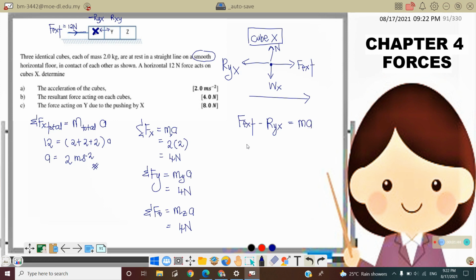F external is 12 Newton, the reaction force Y acting on X we don't know, and it equals 2 times 2, so it equals 4. Therefore, the force acting on Y due to the pushing by X, or the reaction force YX, equals 12 minus 4. Therefore, we will get 8 Newton.